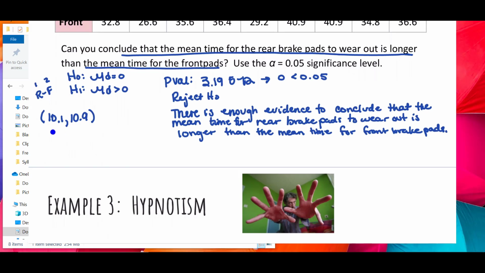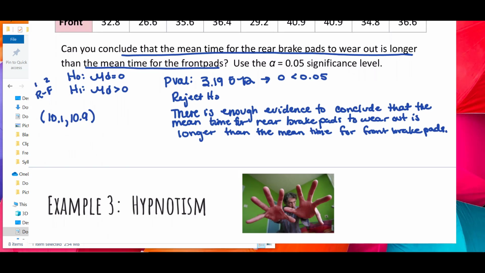And then if you were writing a sentence for your confidence interval, you'd say we're 95% confident that the mean difference in the time it takes to wear out, the mean difference in the time for rear brake pads to wear out and the mean time of front pads to wear out, is between 10.1 and 10.9. So what does this mean? Again, don't worry about the numbers themselves.